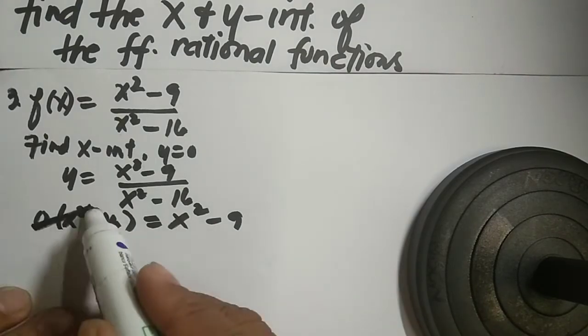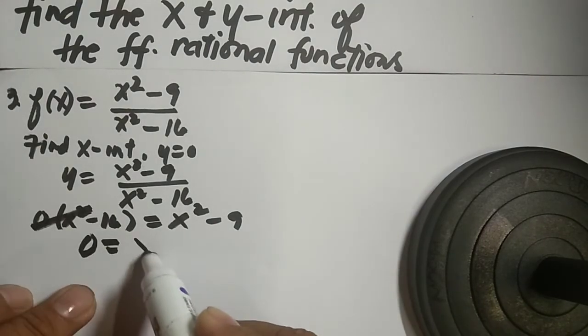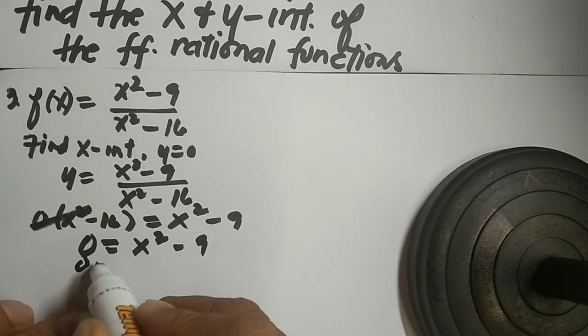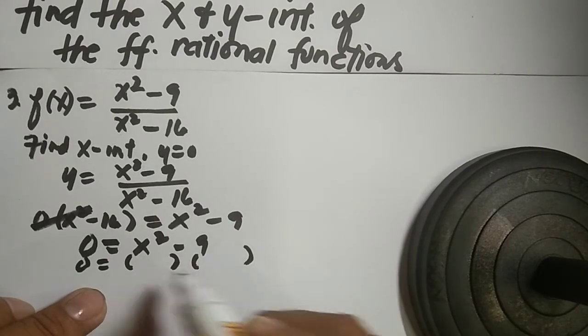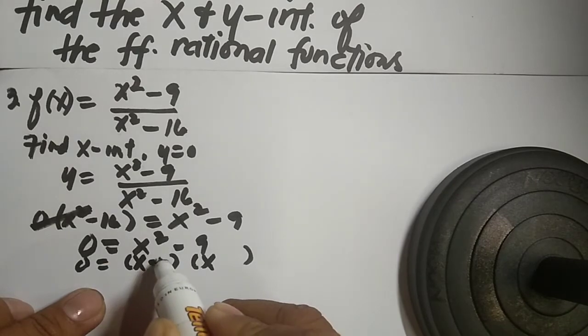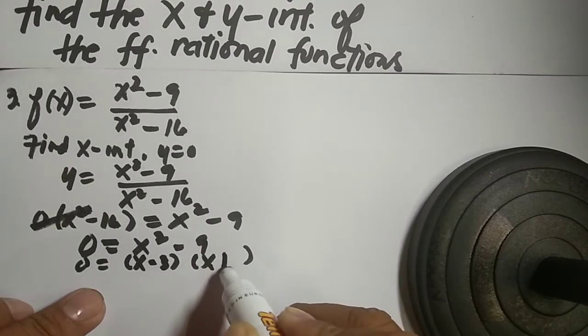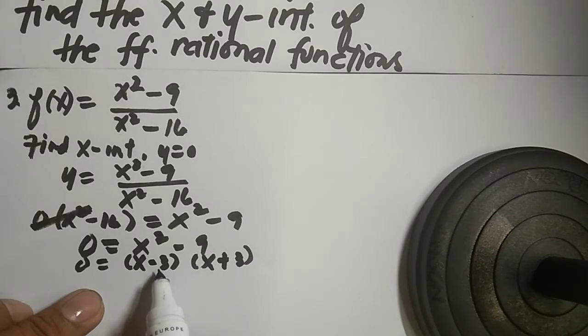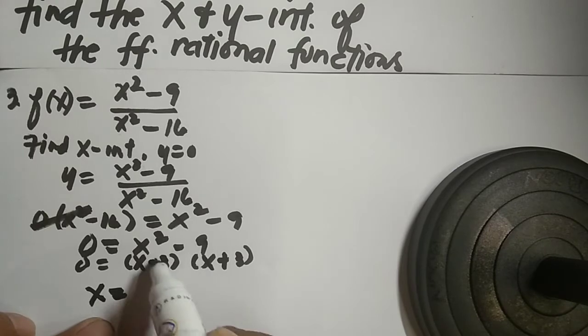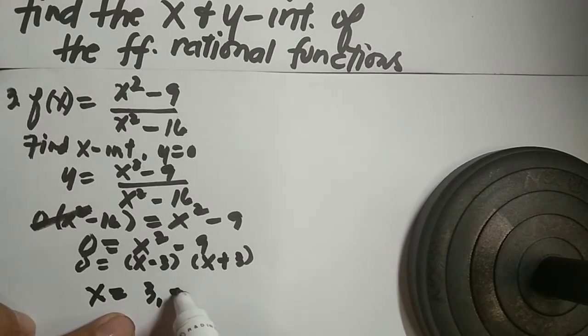Cancel out, you have 0 equals x squared minus 9. Factor out: negative 3 and positive 3. Therefore our x is positive 3 and negative 3. So the x-intercepts are at negative 3 and positive 3.